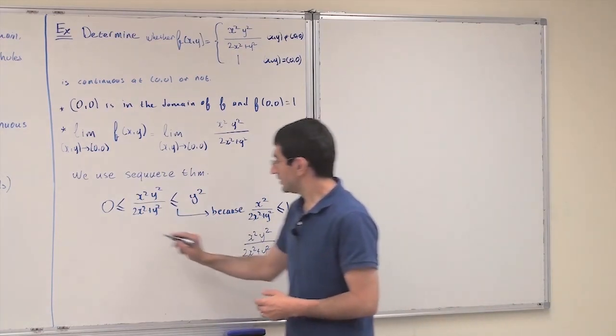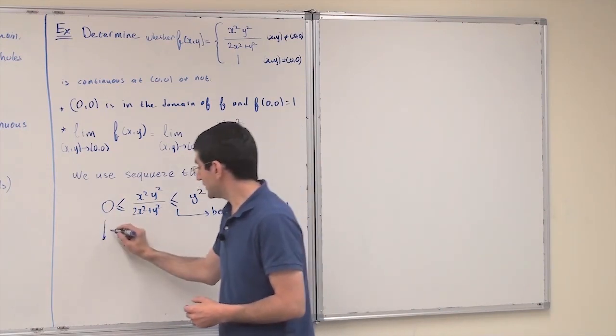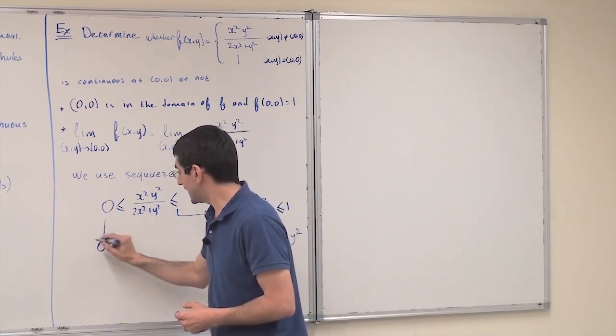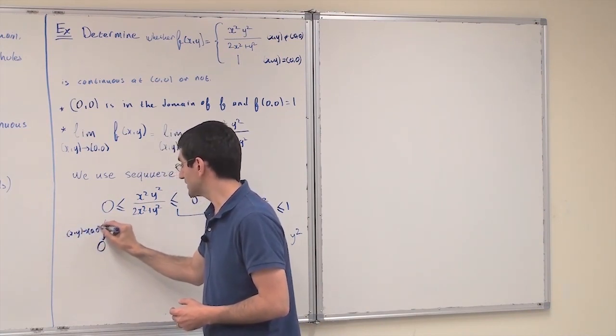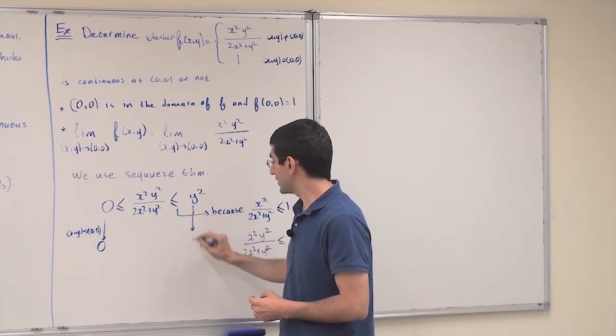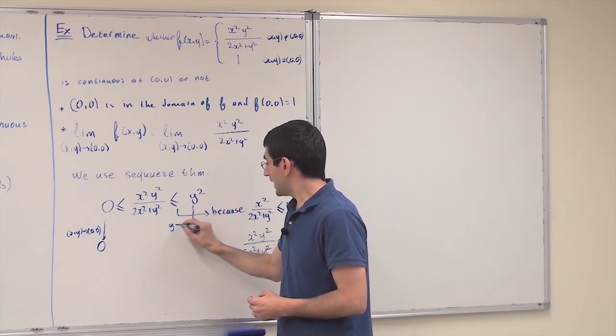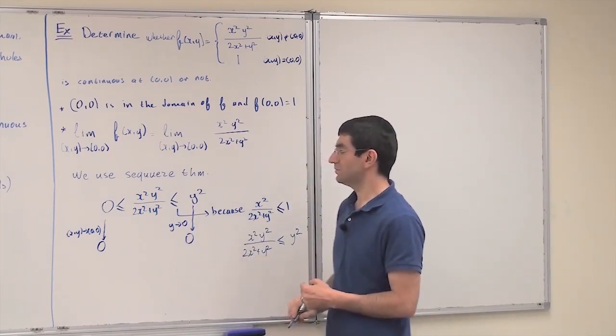For the smaller function, we notice that the limit is equal to 0 as (x,y) approaches (0,0), because it's a constant function. Now for y squared, again, as we approach the limit point, it approaches 0.